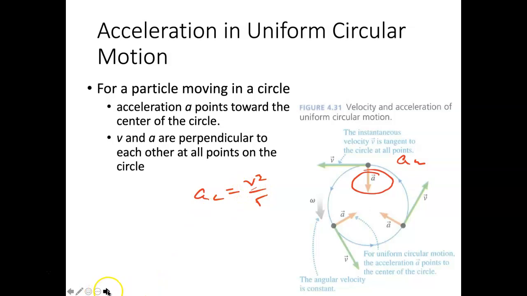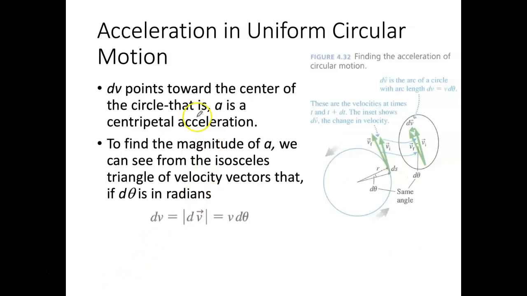If we think about dv, that is the change in the velocity. If I have a velocity number 1 and then it moves a little bit and I have another velocity, a final velocity, and I find that change in velocity, that is really the centripetal acceleration. If I want to find the magnitude, I can make that isosceles triangle, and then I can solve for that by just taking the velocity times the change in the angle.